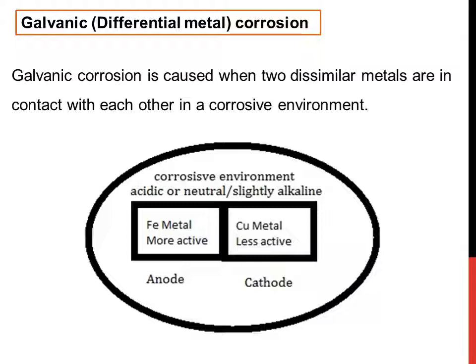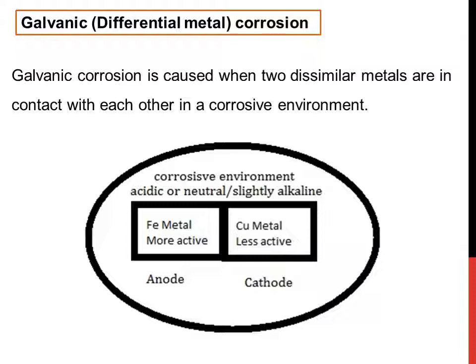How can we define it? It can be defined as the accelerated corrosion of a metal because of electrical contact, which may be physical contact with a more noble metal or a non-metallic conductor which acts as a cathode in a corrosive electrolyte or corrosive environment.